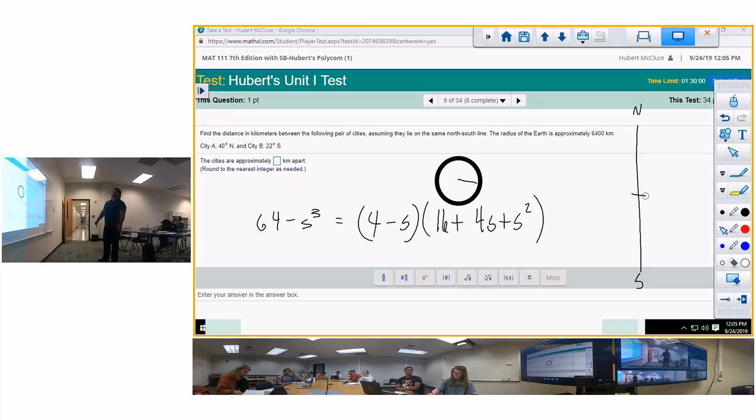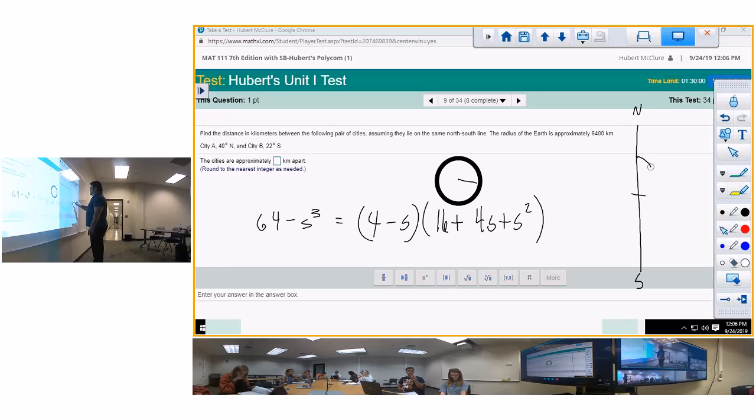It said, find the distance in kilometers between the following pairs of cities, assuming they lie on the same north-south line. I don't understand how they can lie on the north-south line when they have a bearing of 40 degrees north, because 40 degrees north would be here. I'm thinking they're talking about this.